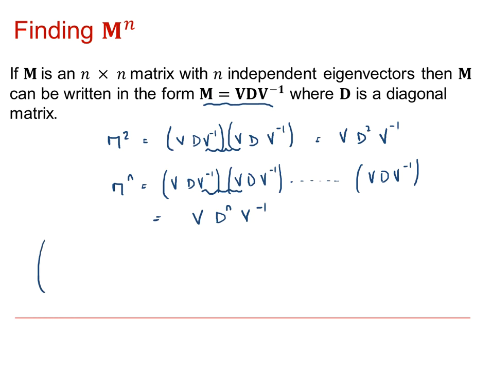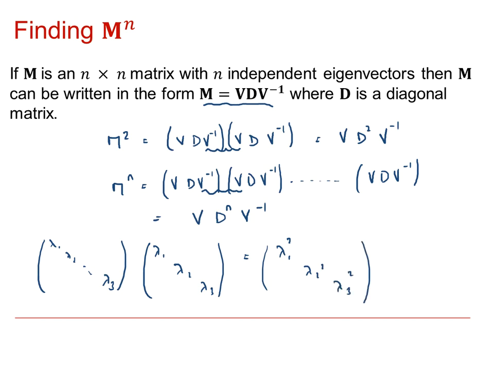Because if we have a diagonal matrix, with lambda 1, lambda 2, etc. on the leading diagonal, so these are the eigenvalues, then when we multiply that by itself, all that happens is that lambda 1 is squared, lambda 2 is squared, and lambda 3 is squared, with zeros everywhere else.